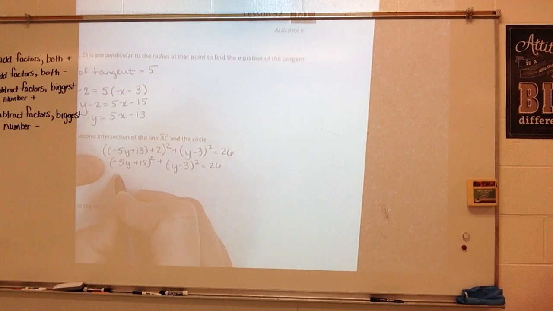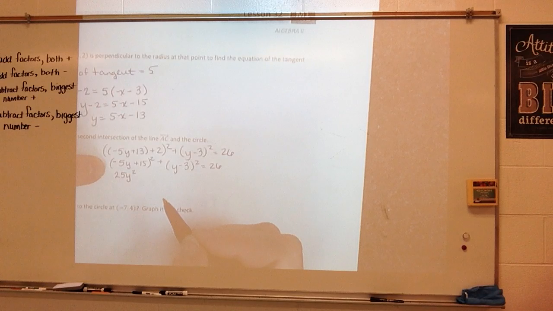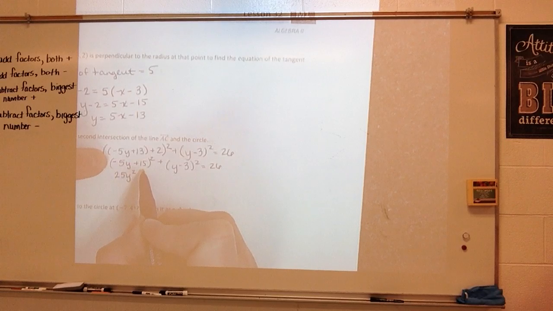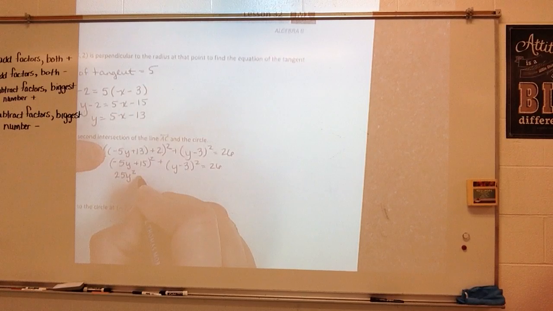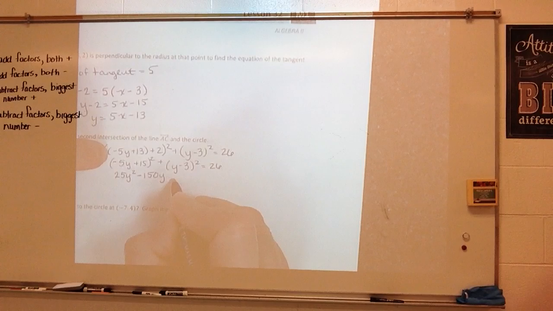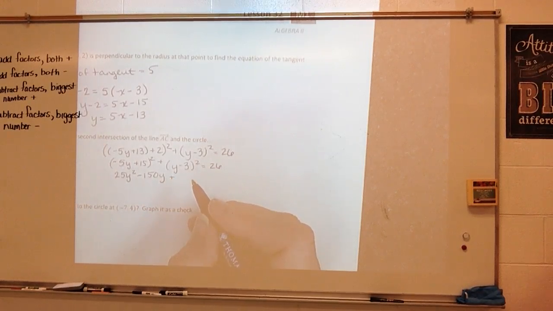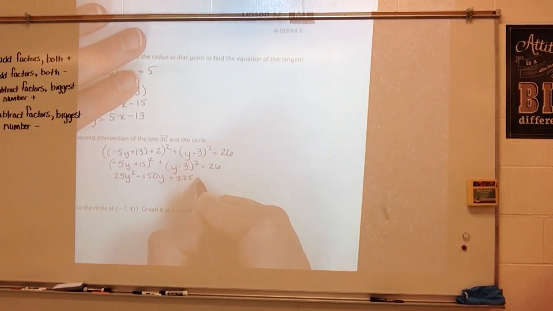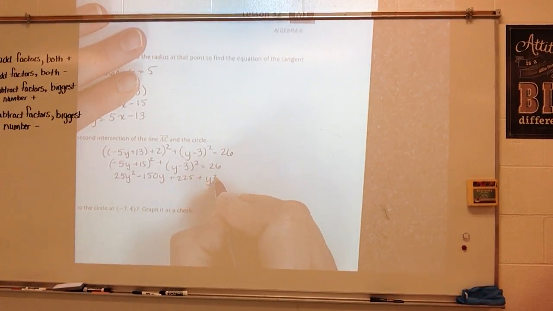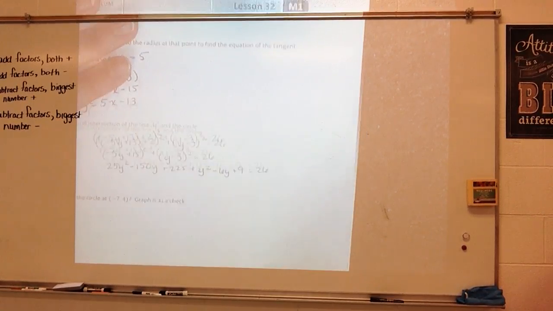So I get 25y squared. This is going to be a big one. So I get negative 75, negative 75, is negative 150y plus 225 plus y squared minus 6y plus 9 is equal to 26.